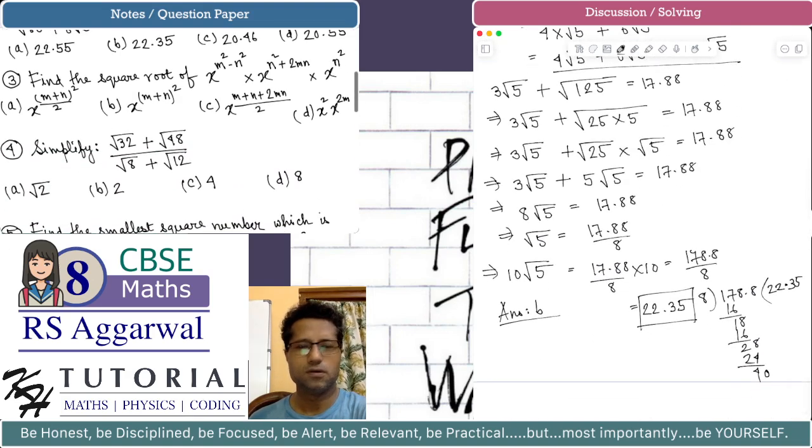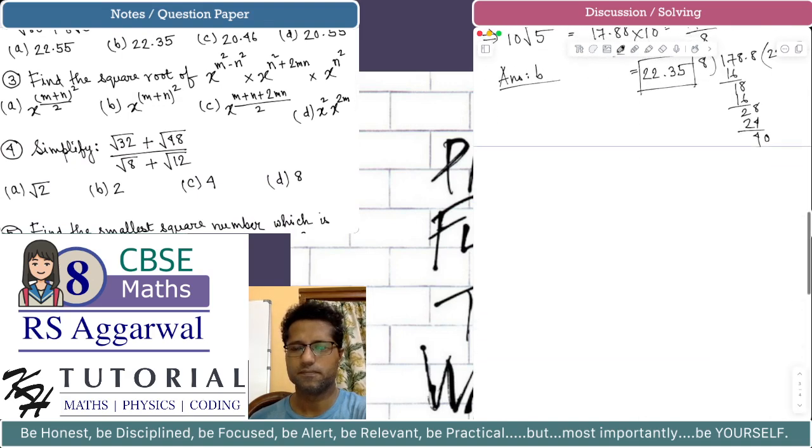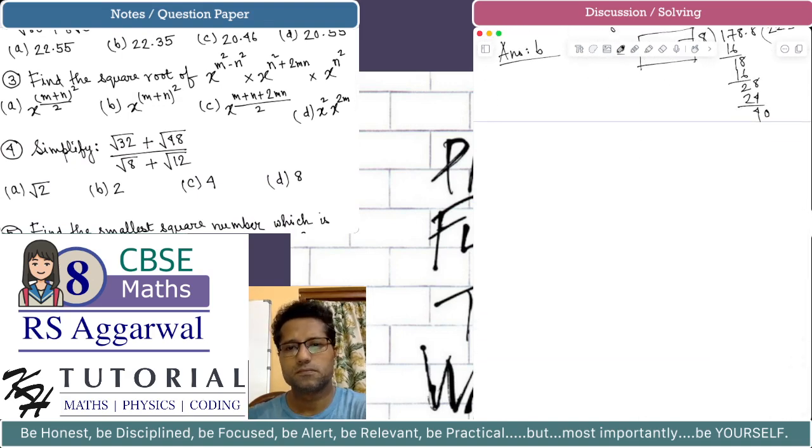Okay, let's do problem number 3. It is asking to find the square root of an expression. The expression given is x to the power m square minus n square, multiplied by x to the power n square plus 2mn, multiplied by x to the power n square.